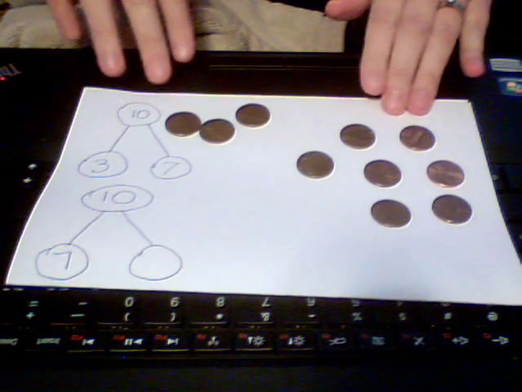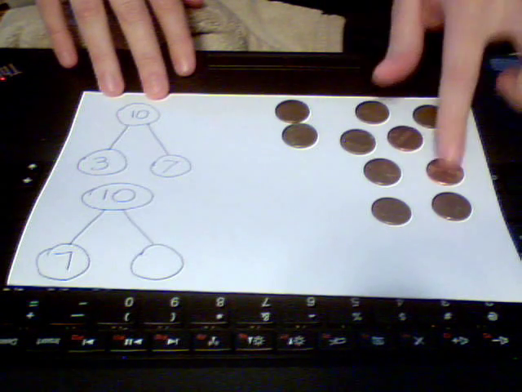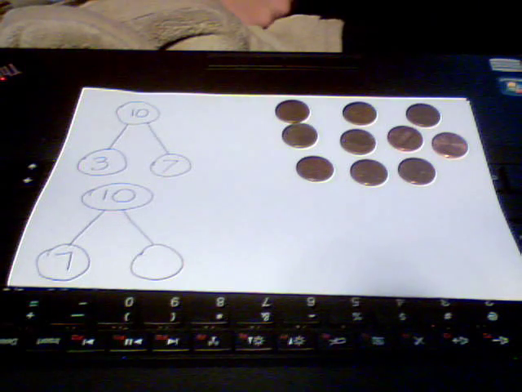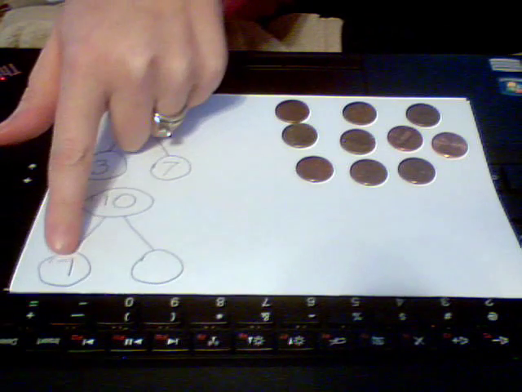Let's try another one. I have 10 pennies over here. Another trick that I make sure I tell my kindergartners is to make sure you line up your pennies so you don't get confused in counting. So on the second one, the number at the top is 10, and they told me I started with 7.